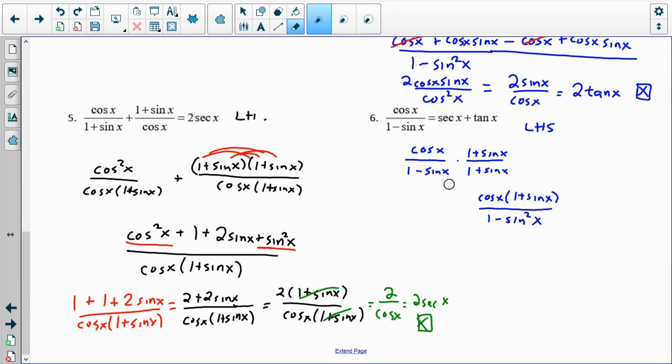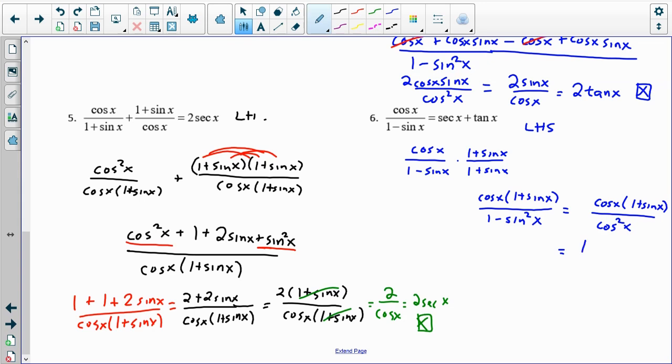So this is a major thing that we're going to want to use in some trig identities to help us out. 1 minus sine squared, we've done this many times now. We hopefully know that that's cosine squared. And now one of the cosines cancels out, so I have 1 plus sine x divided by cosine x.